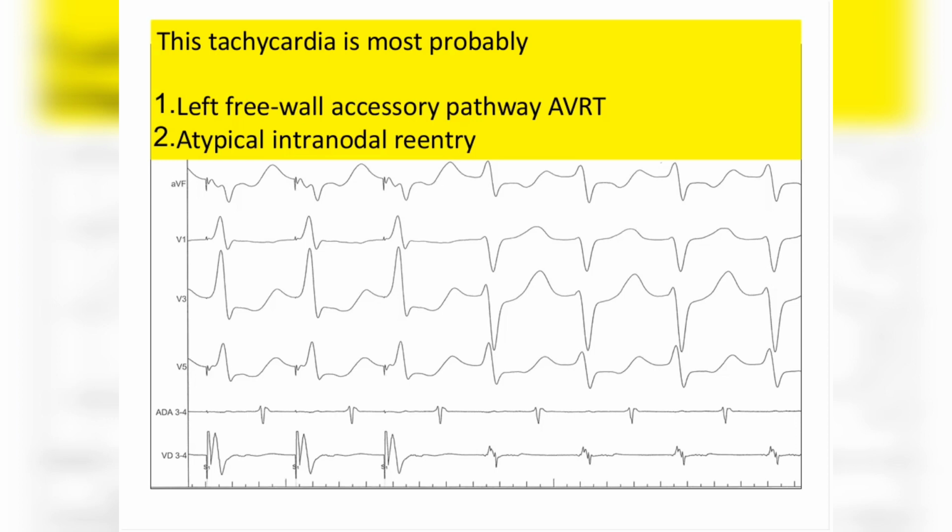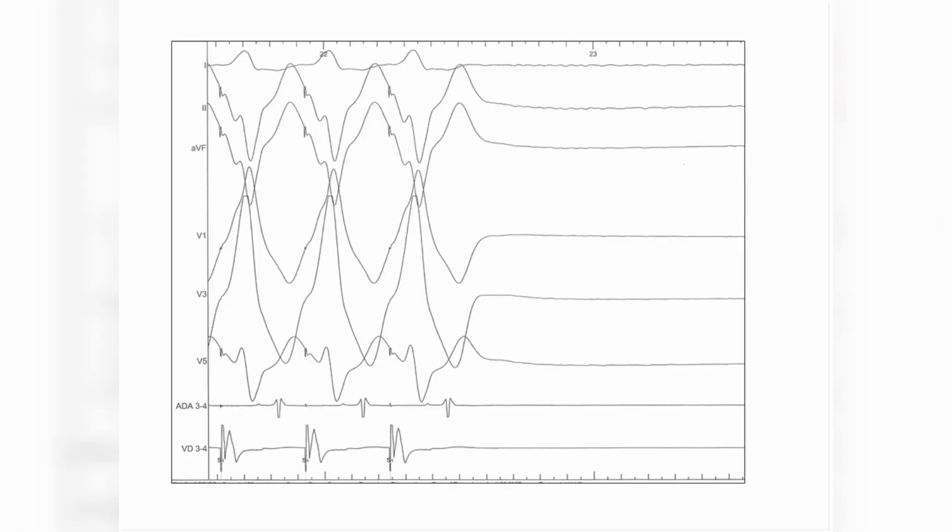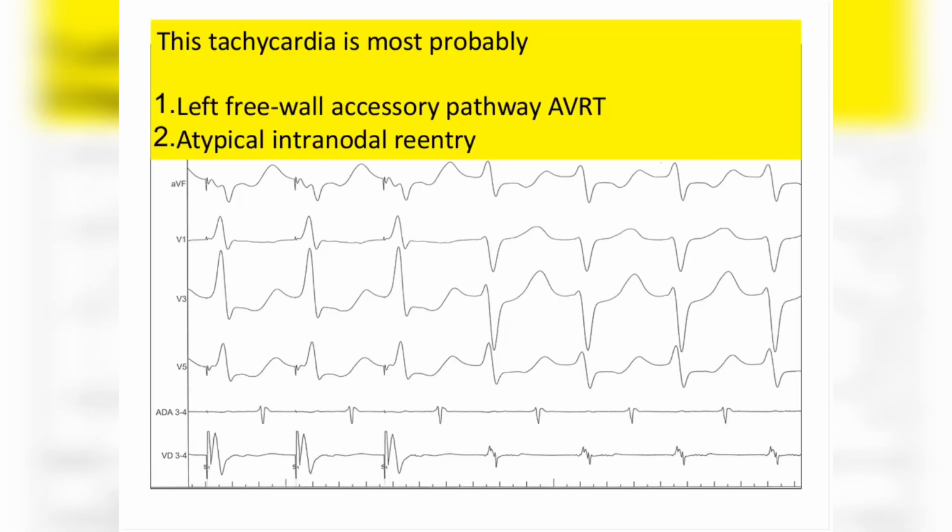Now this is a difficult one, and I want you to look very carefully at this tracing, and eventually I will show you once more the previous tracing. This is the morphology resultant from stimulation in the absence of tachycardia, and this is stimulation in the presence of tachycardia.